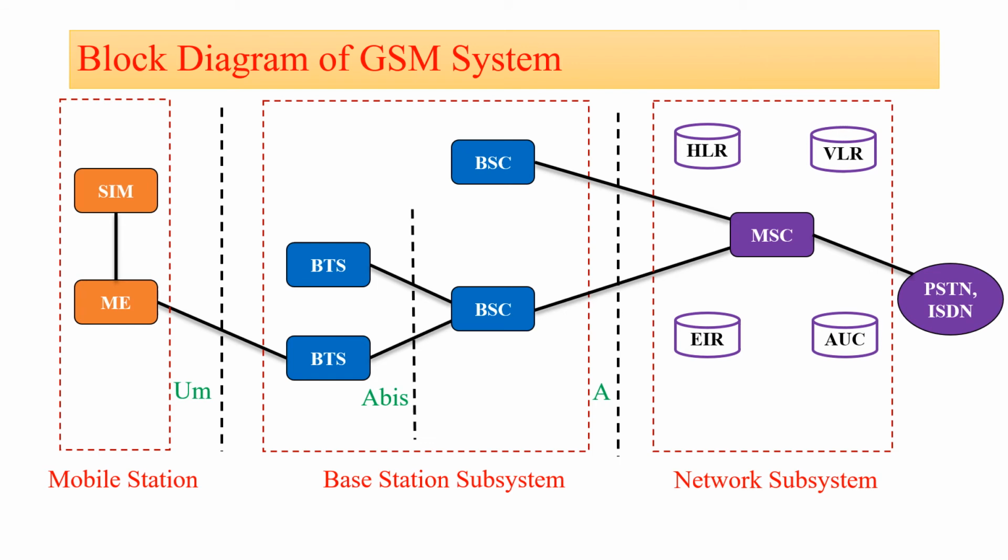And it also includes the functions like enabling the worldwide roaming of the mobile subscriber. And the network switching subsystem, that is NSS, mainly consists of MSC, that is mobile switching center, then the HLR, that is home location register, then VLR, that is visitor location register, then AUC, that is authentication center, and EIR, that is equipment identity register.